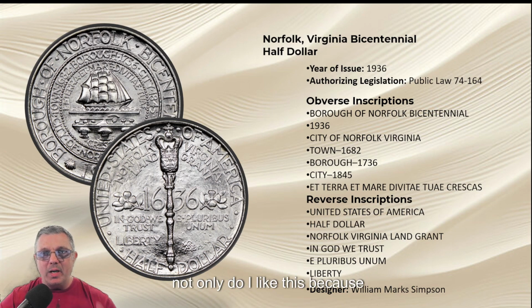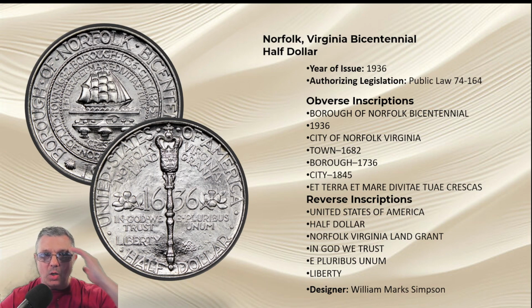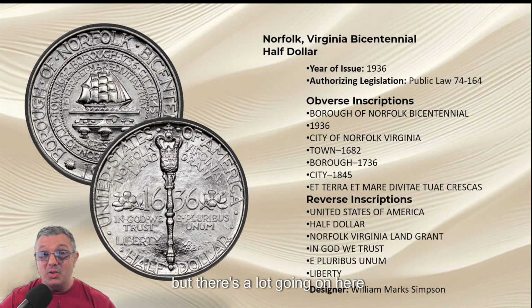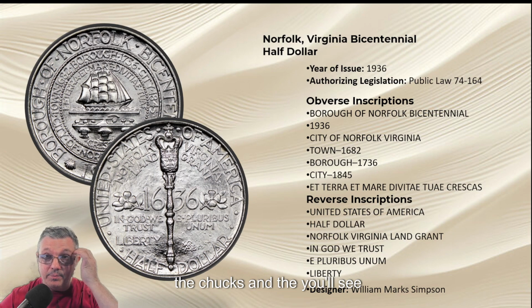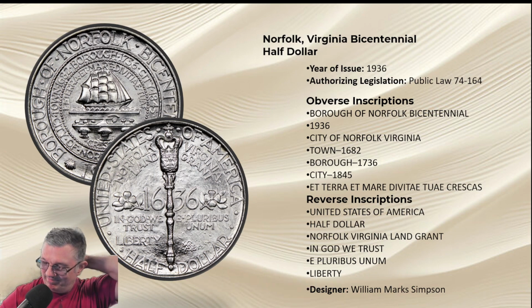Now, not only do I like this because it's Norfolk and it's the founding location for the United States Navy, it's also very busy, but there's a lot going on here. You'll see the borough there. You'll see the city center, 1845. You'll see the ship and the plow. That was really nice.